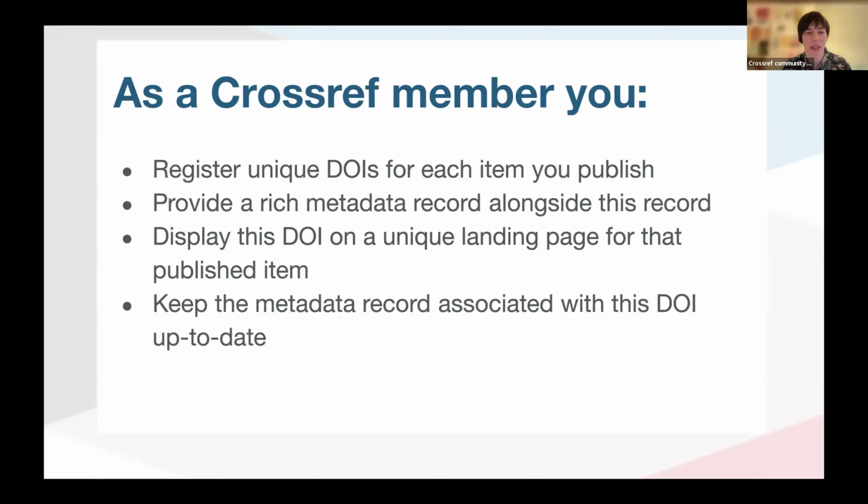And you also can keep the metadata record associated with the DOI up to date, which means that you can always provide more metadata and update the records over time, either because you are becoming aware of more metadata for that record, or potentially because you have just gained new technical capacity to add some additional elements to the records.